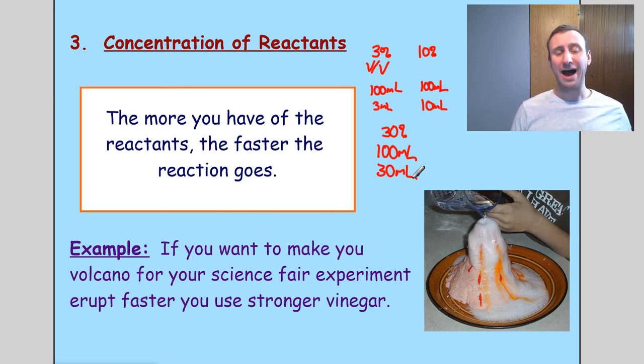So the higher the concentration you have of reactants, the faster the reaction is going to go. So for example, if you want to make a volcano, the baking soda and vinegar thing that everybody's done in the past to make your model volcano, if you want to do that and have it be a really exciting volcano, you will want more concentrated vinegar, right? Instead of less concentrated vinegar.